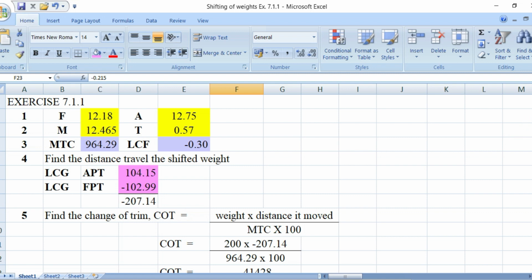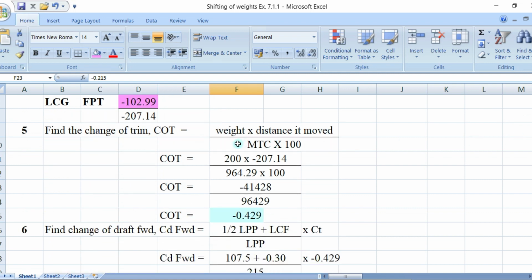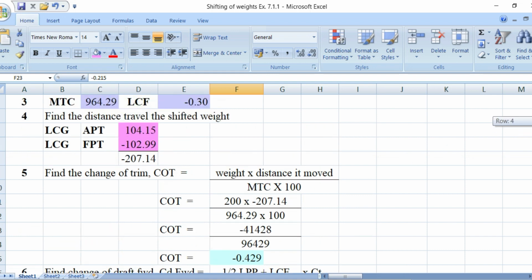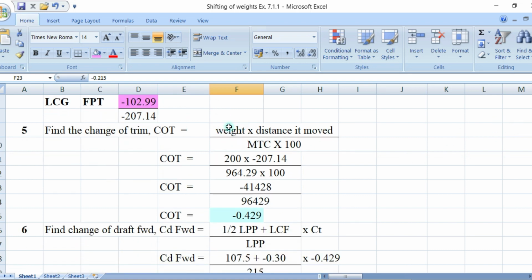Okay, the formula for change of trim is the weight times distance it moved over MTC times 100. So the weight here is 200.